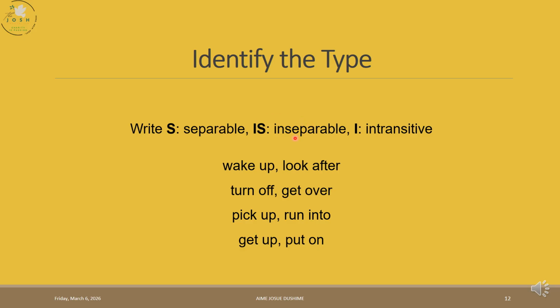And when I say transitive inseparable, it means they need an object, but you can't put the object in the middle of the verb and the particle. You just put it at the end of the phrasal verb. Wake up, look after, turn off, get along, pick up, run into, get up, put on. You're going to identify the type and say if it is separable or inseparable, just like that, or if it is intransitive.